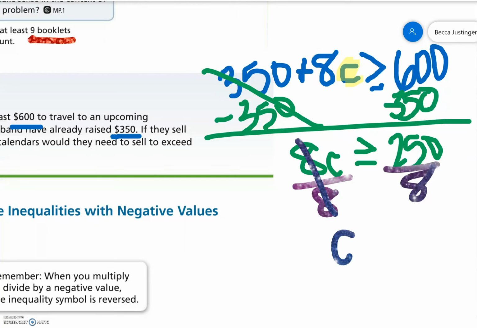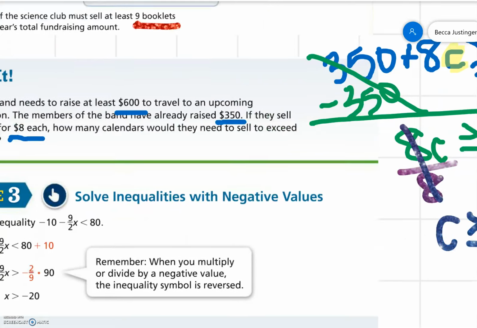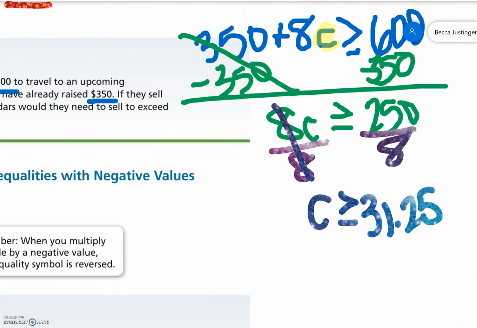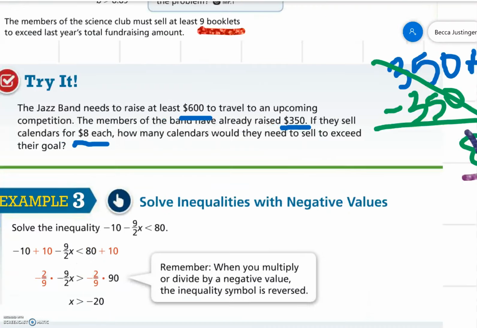I grab my calculator. 250 divided by 8 is 31.25. So the jazz band needs to sell at least 31.25 or more. They can't sell 31.25 calendars, so they need to sell at least 32.